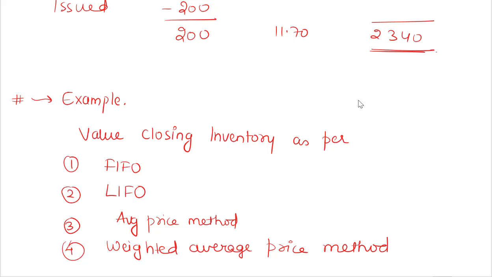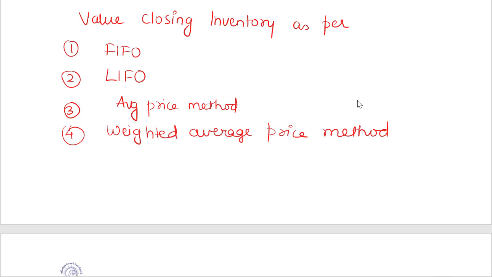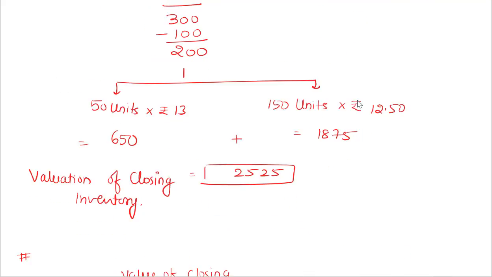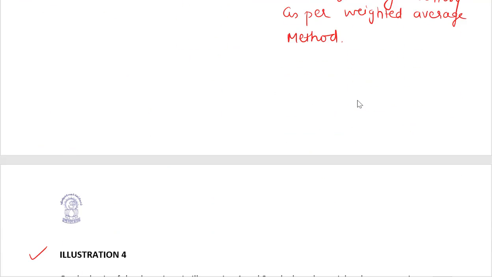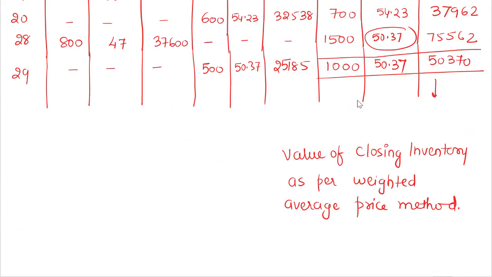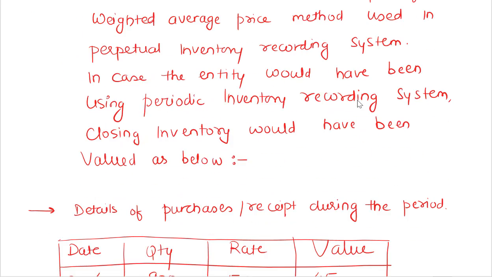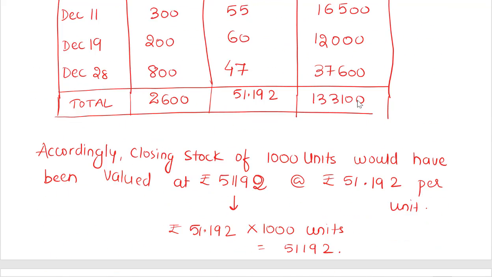We have solved and taken different cases. Then we have done a final case where we applied FIFO, LIFO, and weighted average price method, and then we have done illustration 4 in detail, and then we have written this note which relates to periodic system and perpetual system.